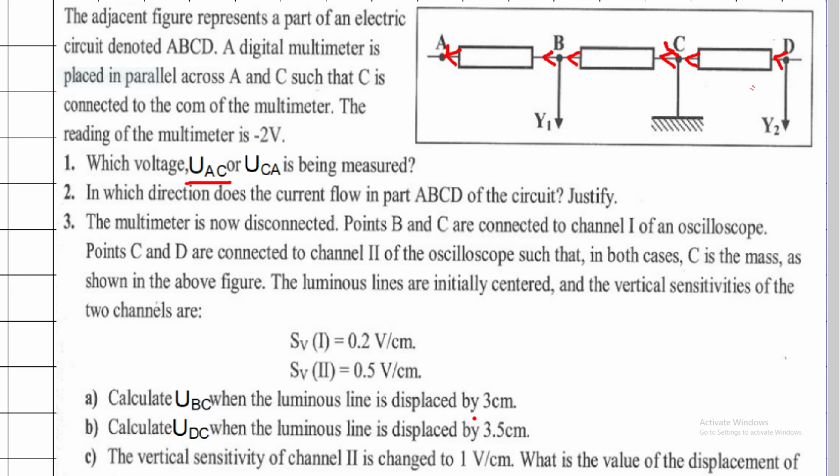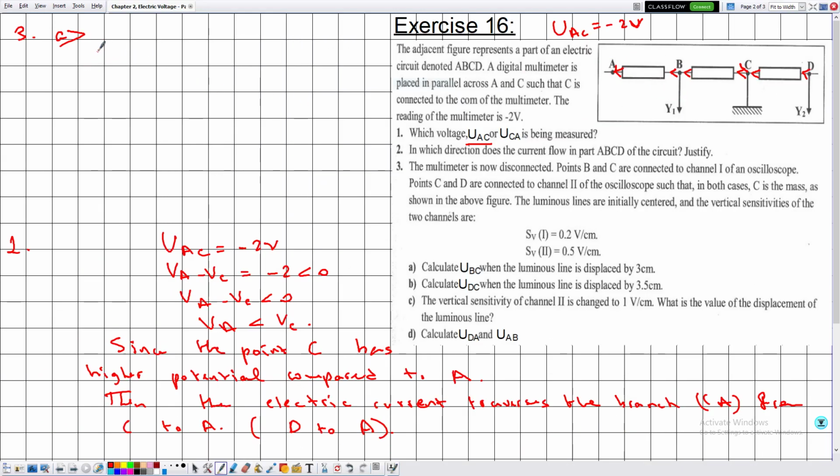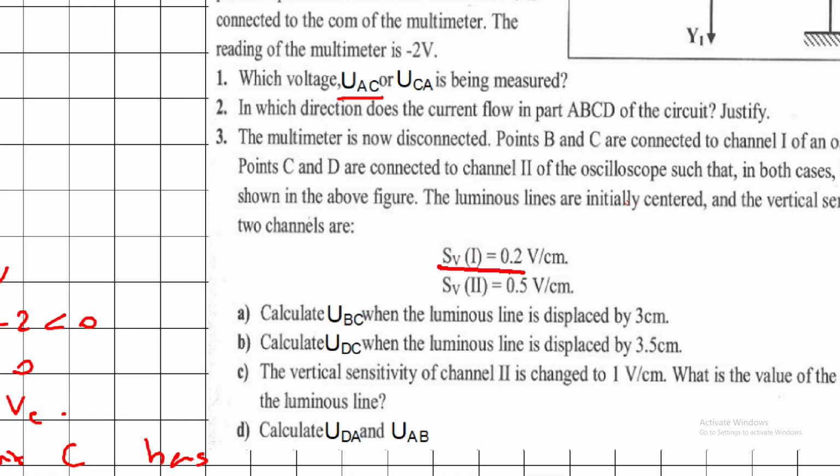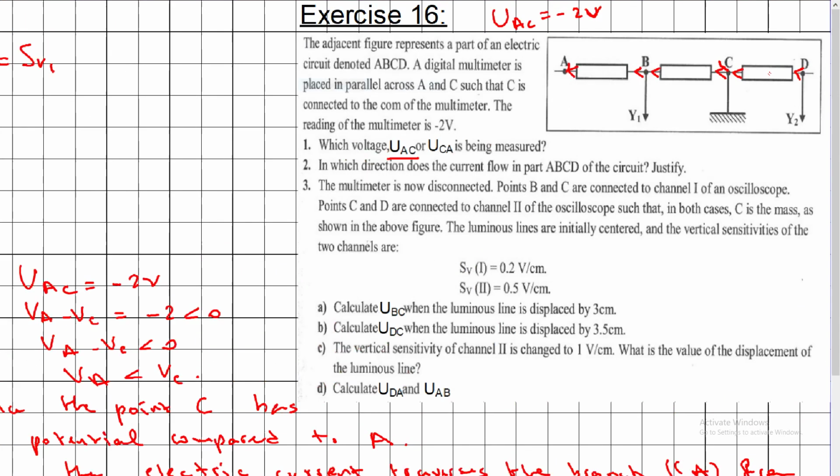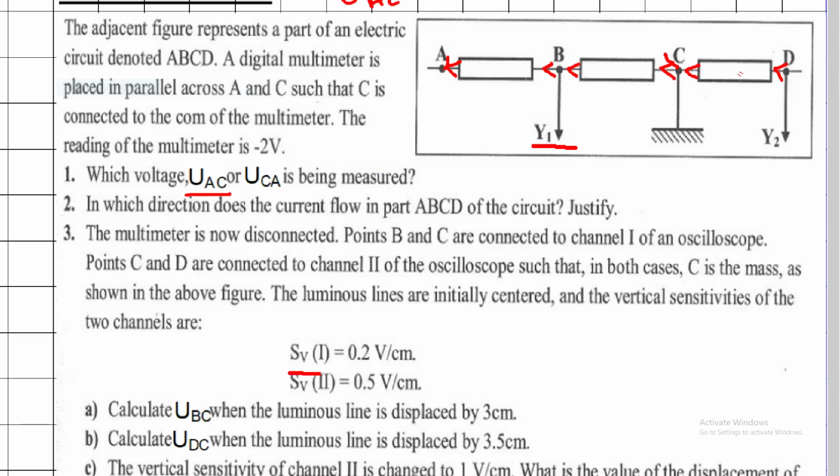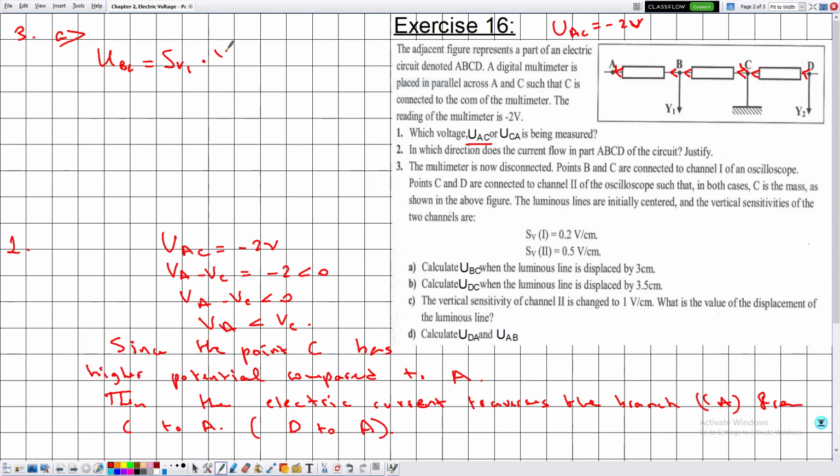by 3 centimeters. So notice that UBC is related to channel Y1, channel 1. So UBC is equal to SV1 multiplied by Y1, because UBC is being connected across channel 1, having the sensitivity SV1.